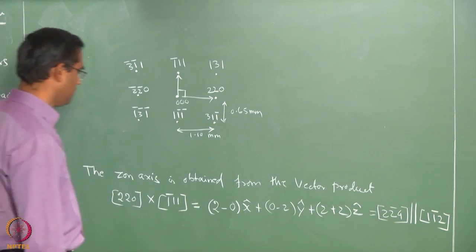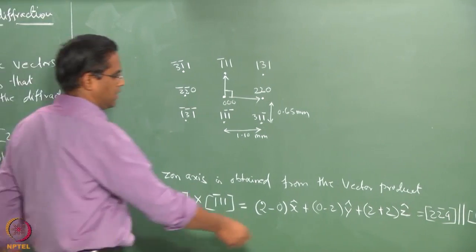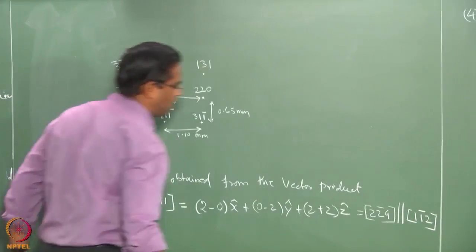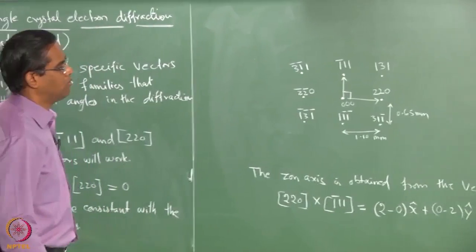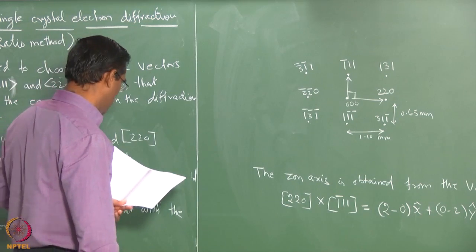So, the cross product of these two vectors gives this, which is nothing but parallel to the plane 1 bar 1 2. That is how the zone axis is calculated.